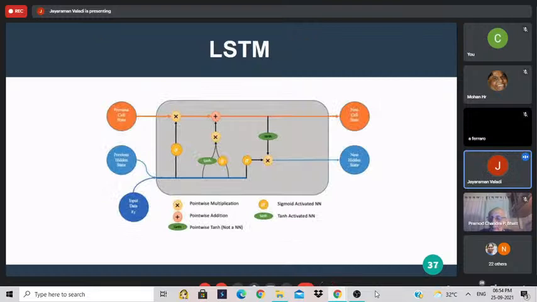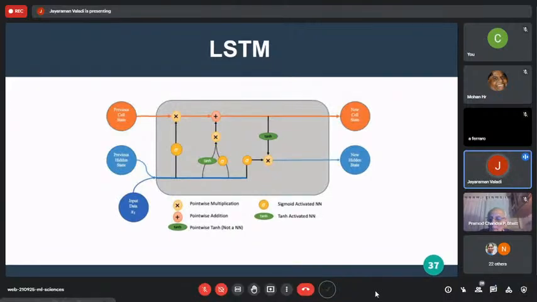LSTM is long short-term memory neural networks, a deep neural network methodology which uses a series of these cells, and uses the cell state information to carry the informative information from the previous states and to discard useless information. So this LSTM is essentially used to preserve the sequence information.